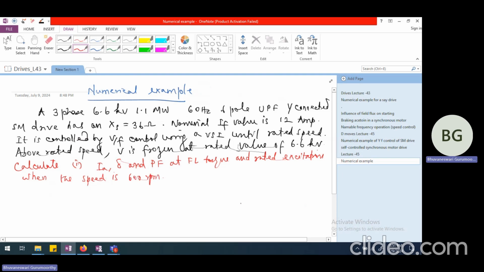So this is the first subdivision. So let us try to solve this first.